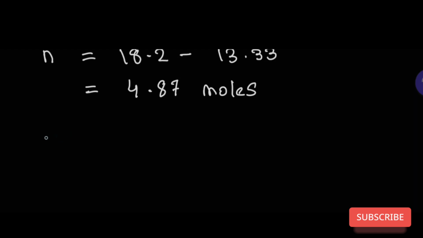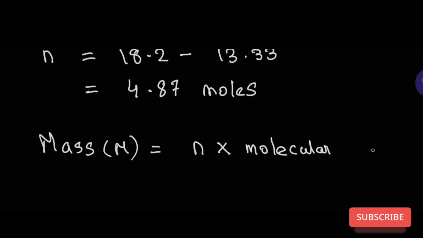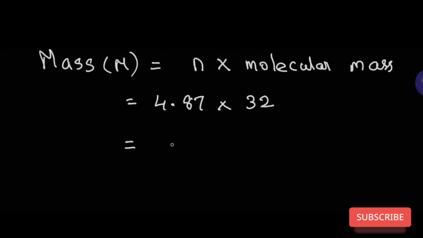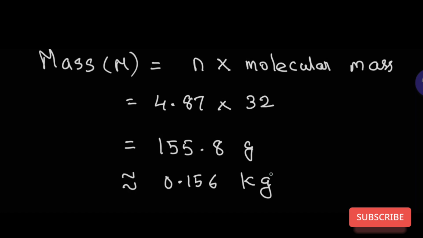To find out the mass of the oxygen removed, that is m, mass is equal to number of moles multiplied by the molecular mass of oxygen, that is equal to 4.87 multiplied by 32, as the molecular mass of oxygen is given as 32, which is equal to 155.8 grams, which is approximately equal to 0.156 kilogram. So the answer is option D.